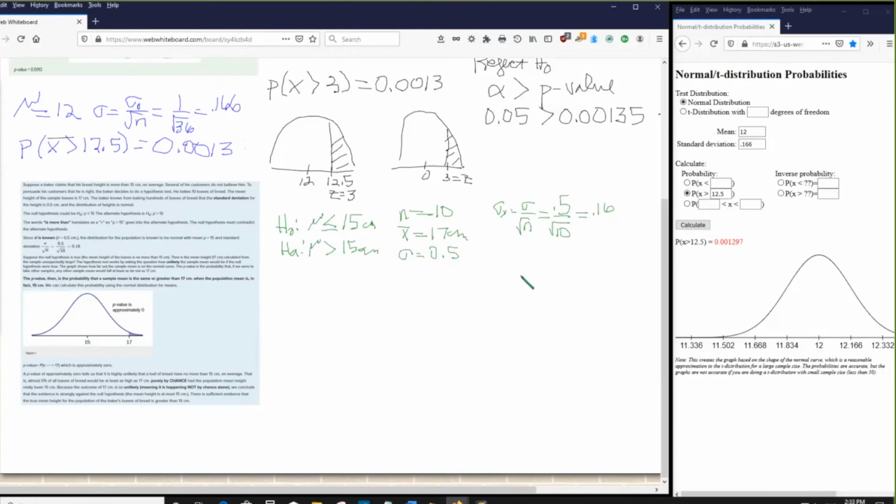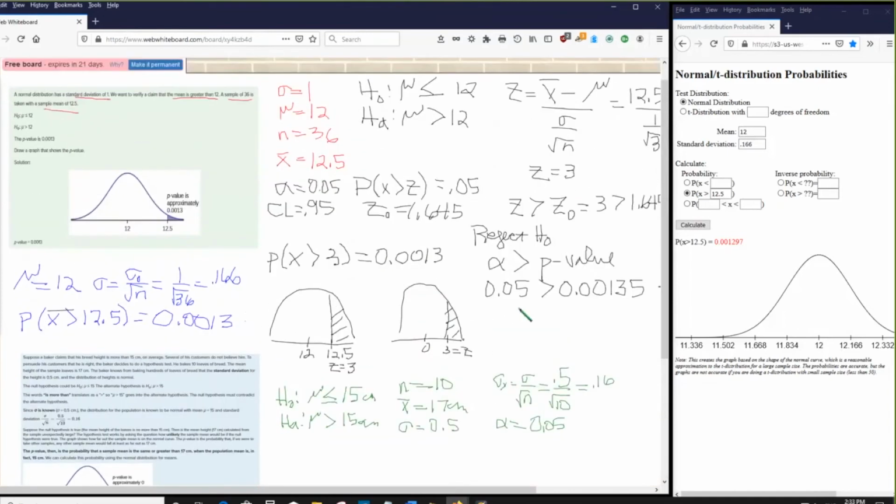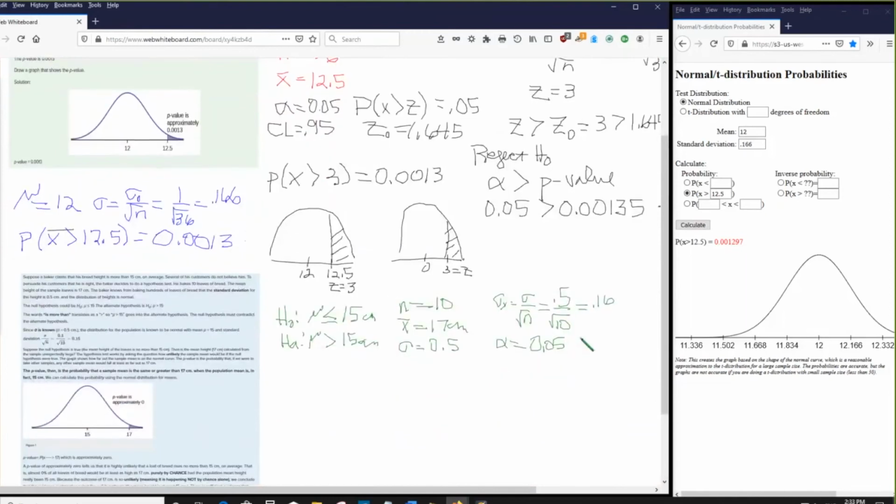Okay, so then we're going to have an alpha of 0.05. And we solved this the last time, that gave us a z-score of 1.645.